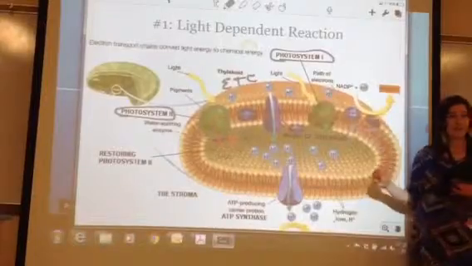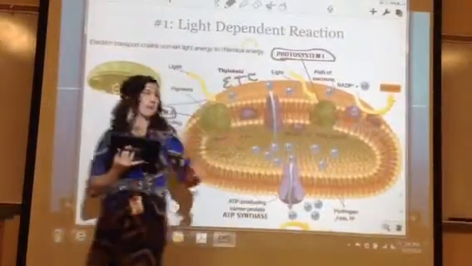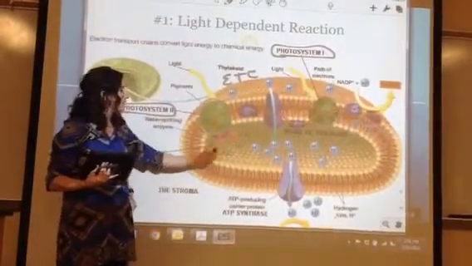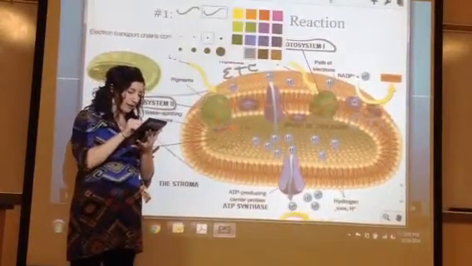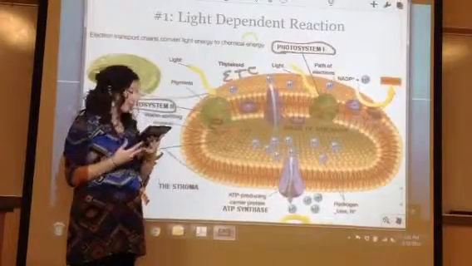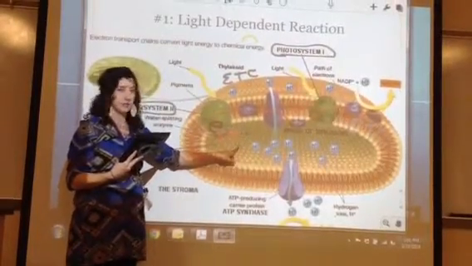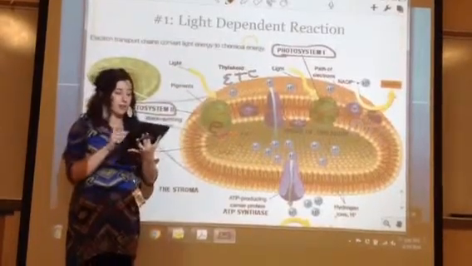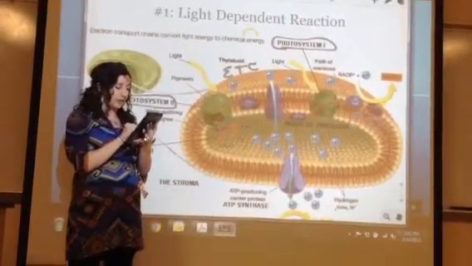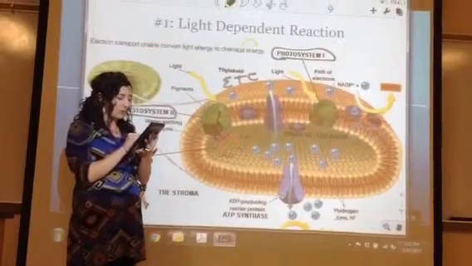Okay, so light is going to come in, water splits, drops off its electron. Let's draw an electron right there. And then oxygen is created. The light comes in, excites the electron to a higher energy state, goes ding-a-ling-a-ling-a-ling, woo!